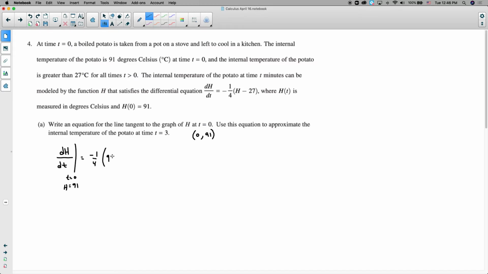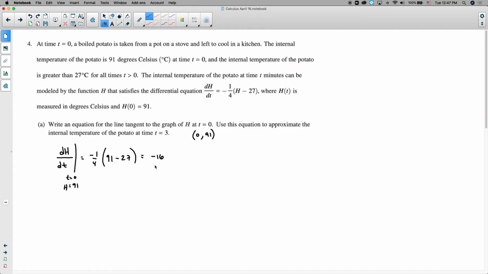So I'll just put 91 there and do that computation on my calculator. 91 minus 27, that's kind of convenient, is 64. Divided by 4 is 16, and then don't forget the negative sign. So that is my slope.